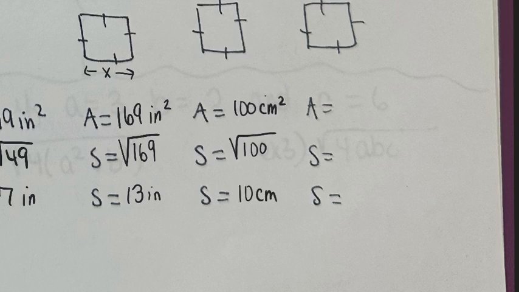Each side is 10 centimeters. Okay, last picture, I've got an area of 9 inches squared. To find one side, I'm going to square root the 9. That gives me 3. 3 inches.